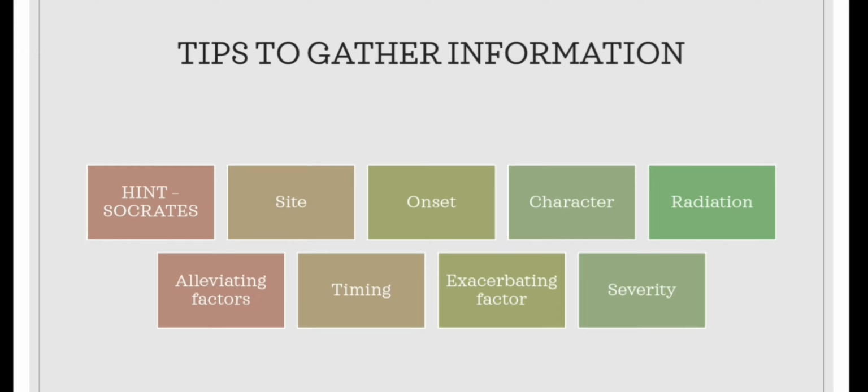Second one is onset. Mode of onset and pattern is very important. Find out whether the symptom is rapidly increasing, gradually increasing, or instantaneously present. For example, cardiac arrhythmias are of instantaneous onset and offset. Ask whether the symptom has been present continuously or intermittently, present for a particular time and better for a particular time.